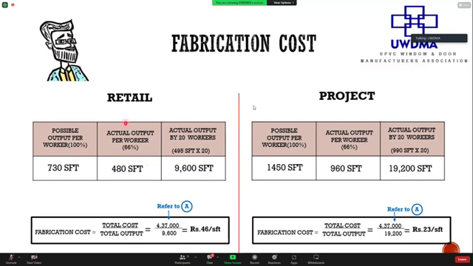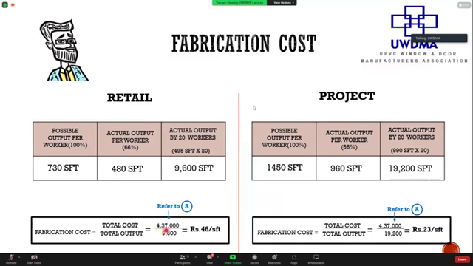But as we calculated last time, it's 66%, so it comes to 480 square feet. When we multiply it by 20 workers, it comes around 9600 square feet.